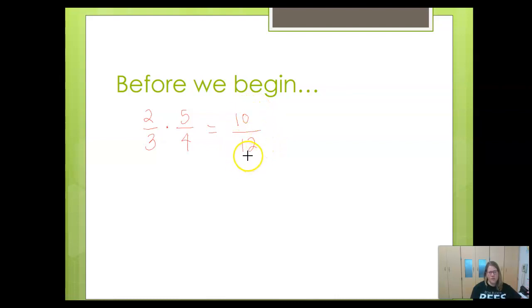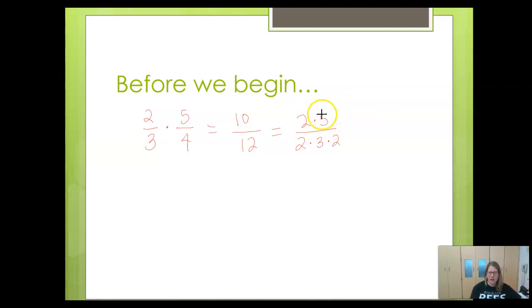Now 10/12 can be reduced, right? Because 10 is 2 times 5, as we just saw. But 12 can also be written as 2 times 6 or 2 times 3 times 2, right? If I multiply 2 times 3, I get 6, and 6 times 2 is 12. The reason I'm writing it like this is because everything here is a prime number. So remember, prime numbers are numbers that can only be divided by 1 and itself.